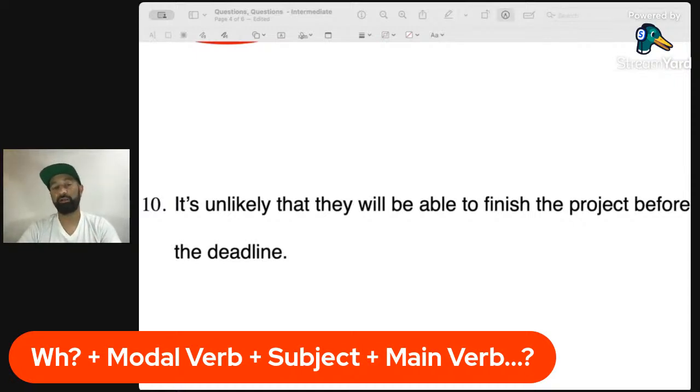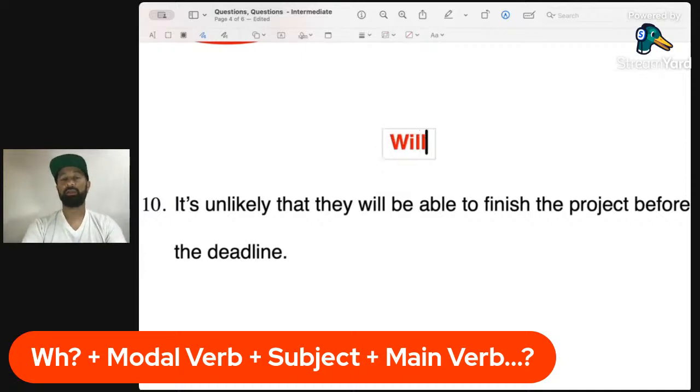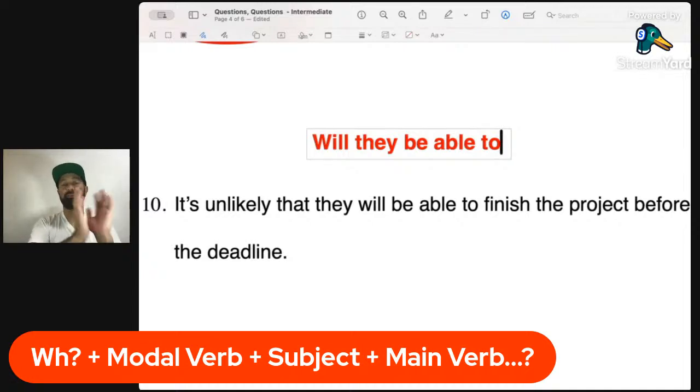So I'm going to put a yes/no question here for this one. So it's unlikely that they will finish the project before the deadline. Right? So again, I'll be using yes/no. I can use all of these words. So I'm going to start with will. Will they be able to? So still, I've got my modal verb, subject, main verb.